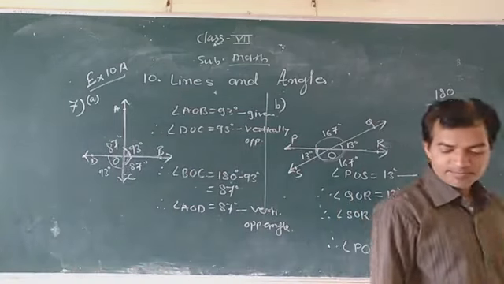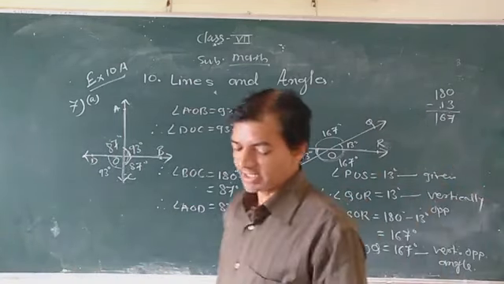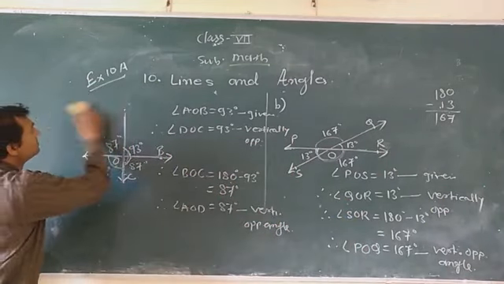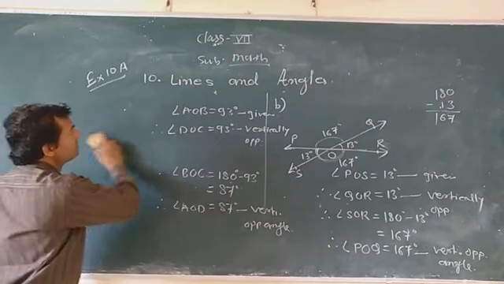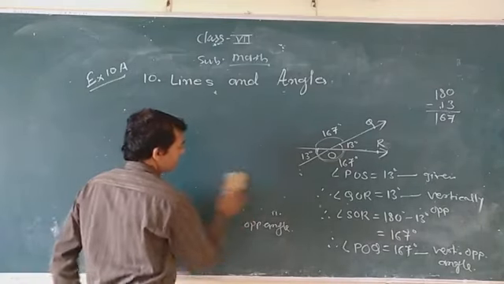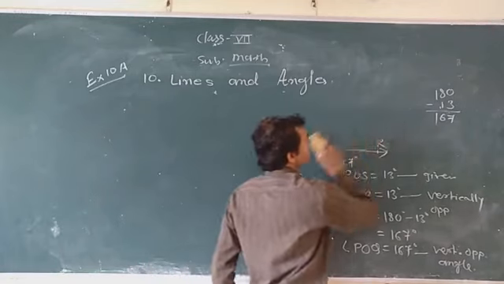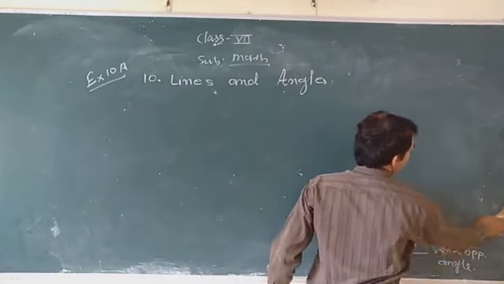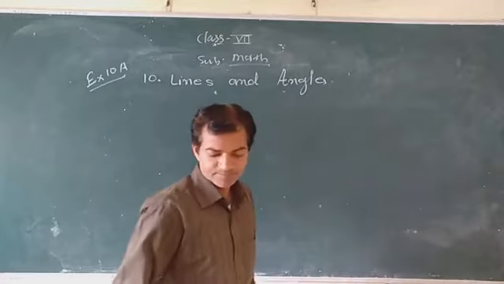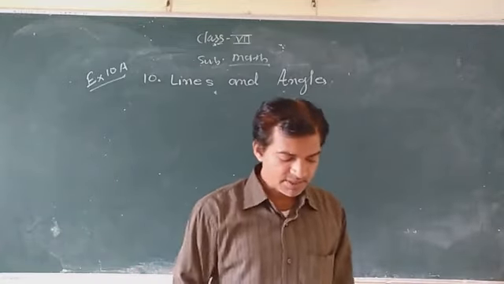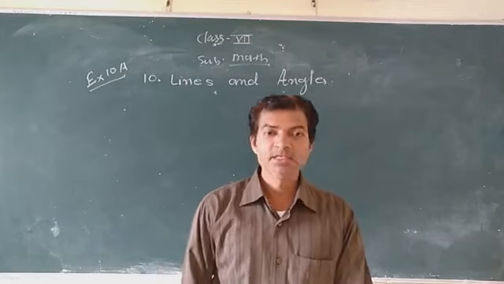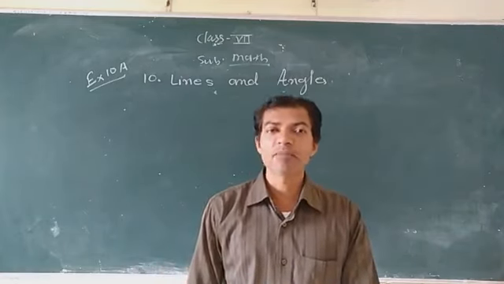Now the next problem. Next question, question number 8. What is question number 8? Find the measure of x in the following figures. Find the measure of x means find the value of x.